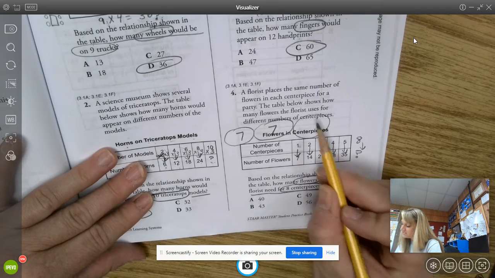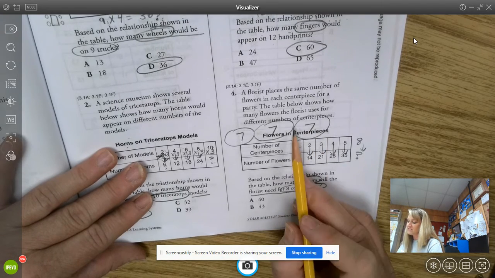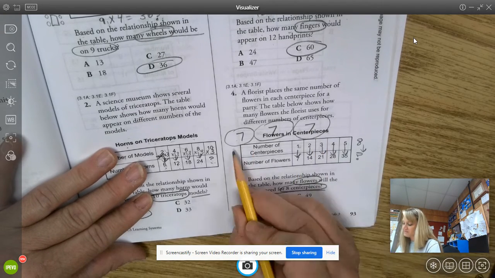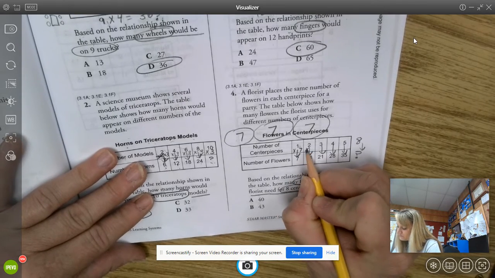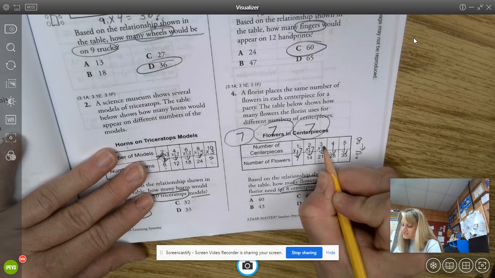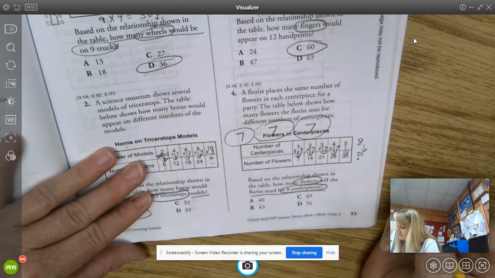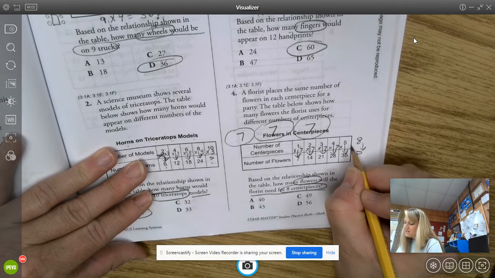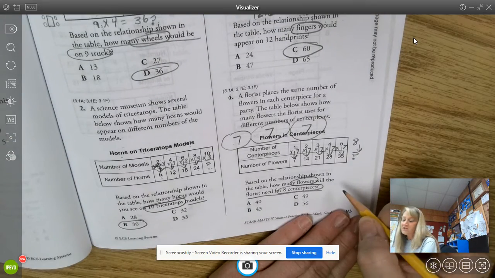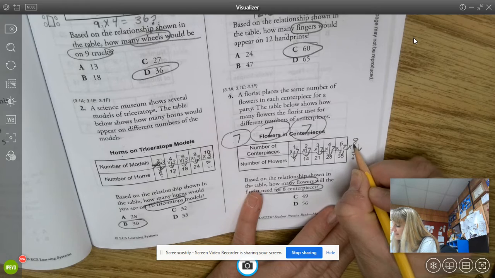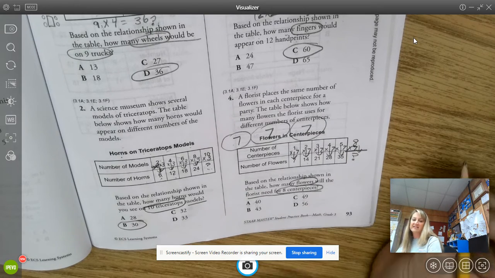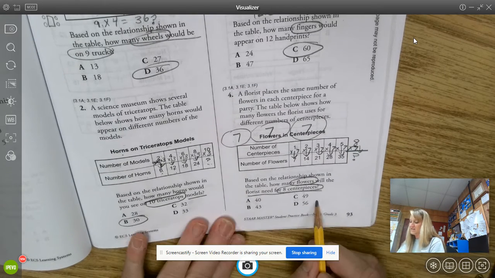Another one, 7 more. So 7, 7, 7 is the same thing as 3 times 7, 21. So it looks like we're multiplying by 7 each time. 4 times 7 is 28. 5 times 7 is 35. So we found the pattern of the relationship. So 8 centerpieces times 7 flowers in each centerpiece, 8 times 7. D, 56.